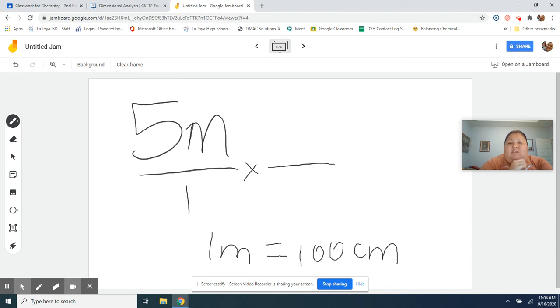Now, if I want to change it, I need to change this unit right here, meter, and I need to make sure that this unit cancels with this 1 meter. So I need to decide now, is my meter going to go on top or bottom?